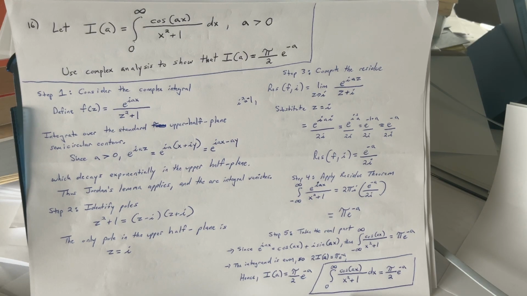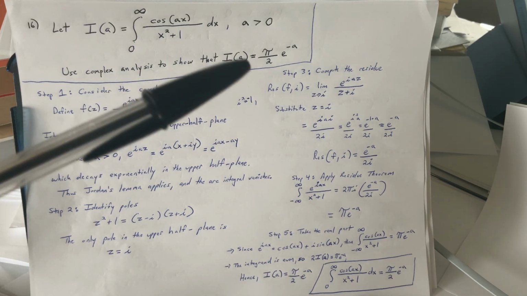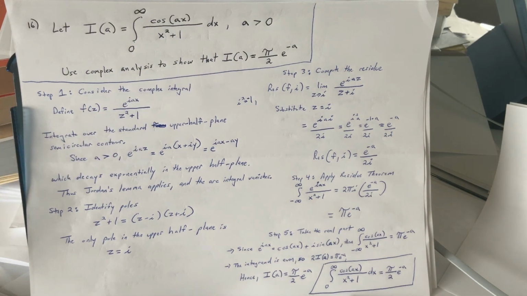Divide by 2 to get I of a alone, and you get pi over 2 e to the negative a, which is what we wanted to show. So there we have it. We demonstrated that for number 16.